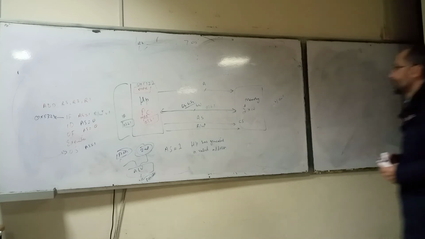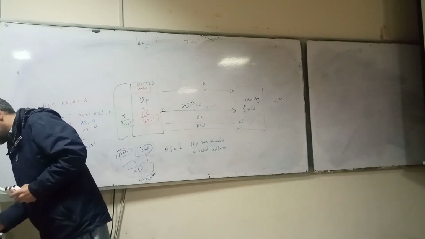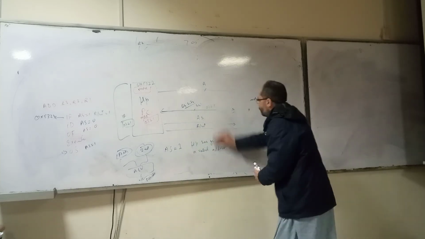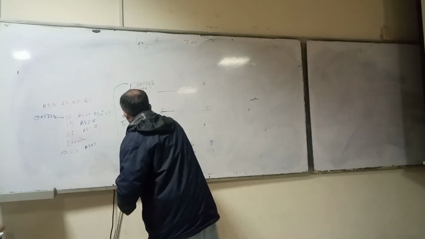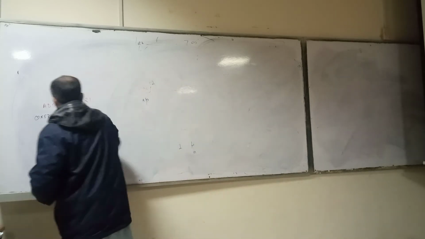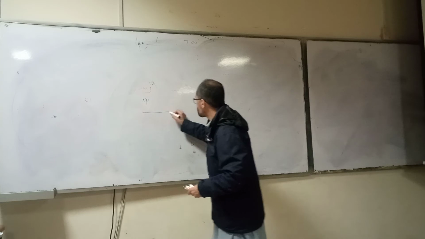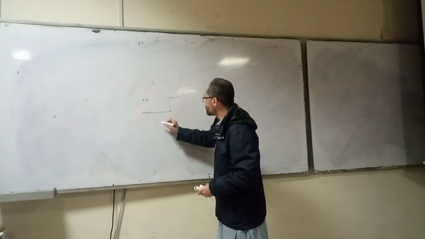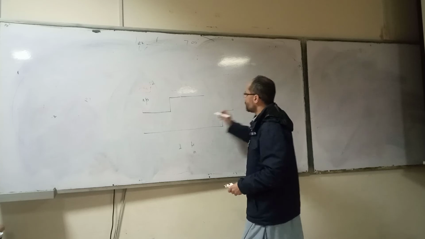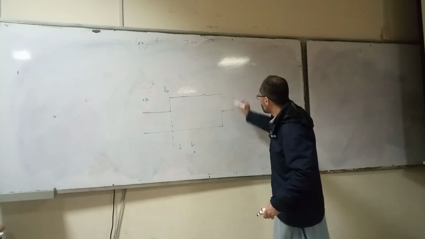Trade-off between these things. If you look at the memory, access time can be defined as the time interval between when the microprocessor makes a request and when the data becomes available.